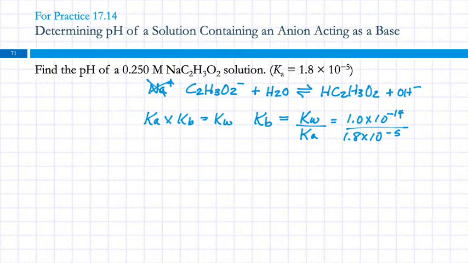That gives 5.5's forever times 10 to the minus 10. I'm just going to call it 5.56, so 5.6 times 10 to the minus 10.